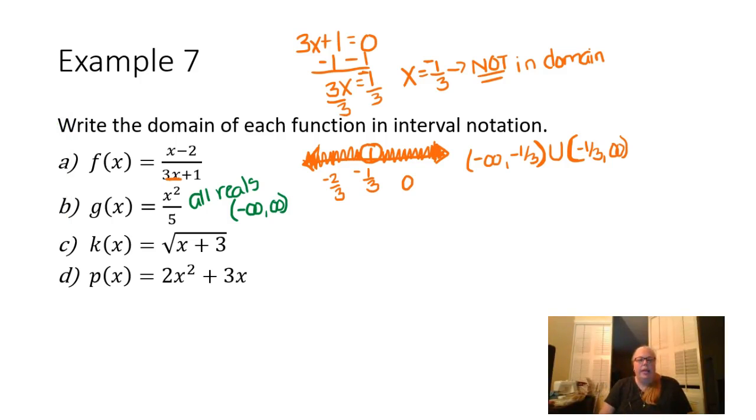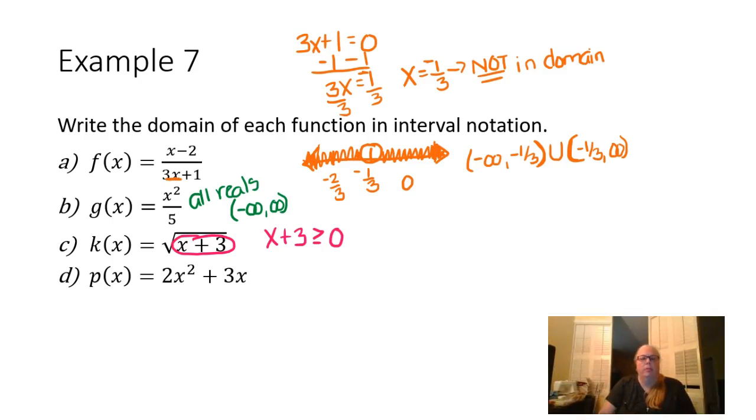Part C, k of x is equal to the square root of x plus 3. I have a radical in the problem here. Now to find the domain, I'm going to take the inside of the radical right here and set it greater than or equal to 0, because taking the square root of 0 is okay, but taking the square root of anything less than 0, or a negative number, is not okay.